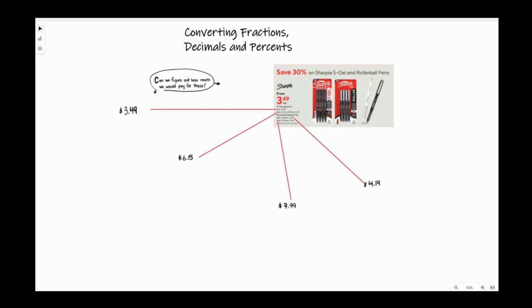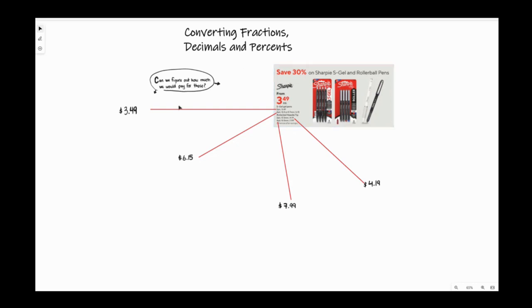Okay, so I've taken a screenshot here from a Staples flyer, which right now you can get 30% off on Sharpie, S-Gel, and Rollerball pens. And the prices here are $3.49, $6.15, $4.19, and $7.99.